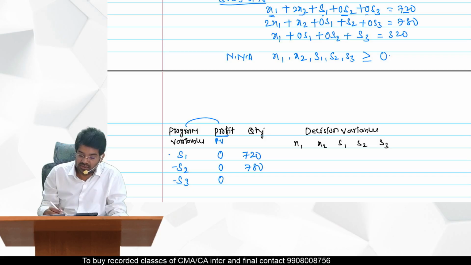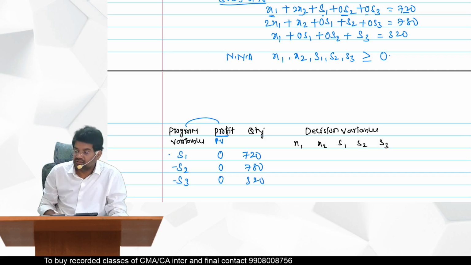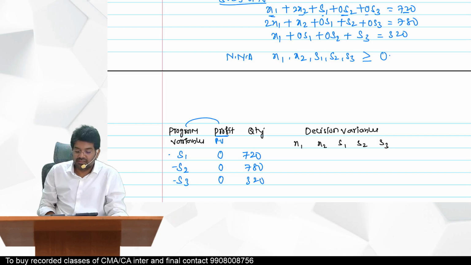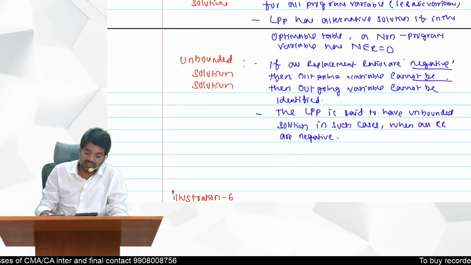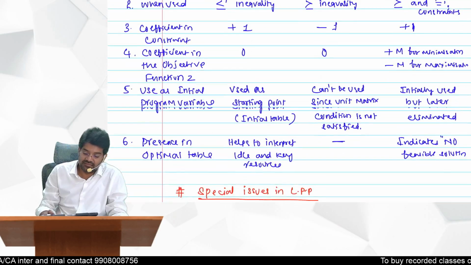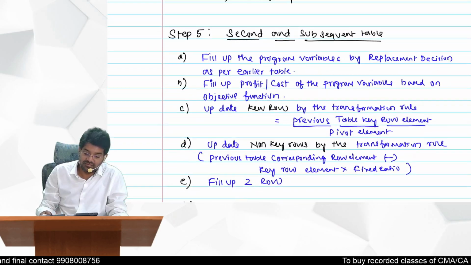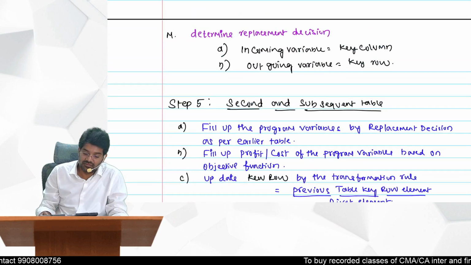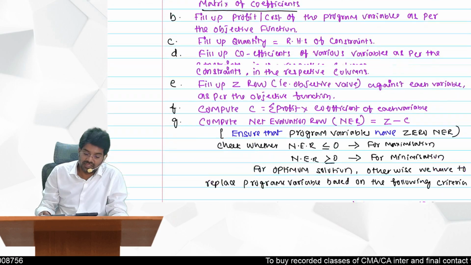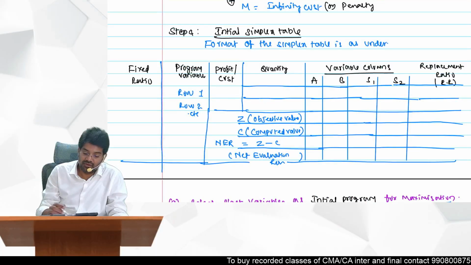Third one is 320. So you should fill up the right hand side of the constraints. This is what I have first written here. Program variable, profit I have taken, quantity I have taken.